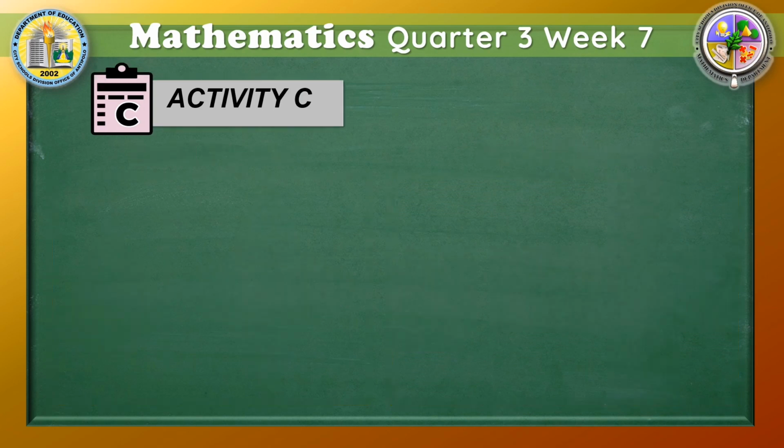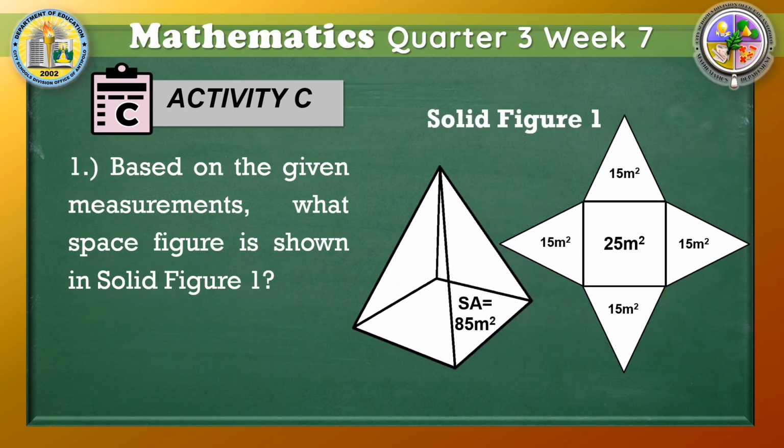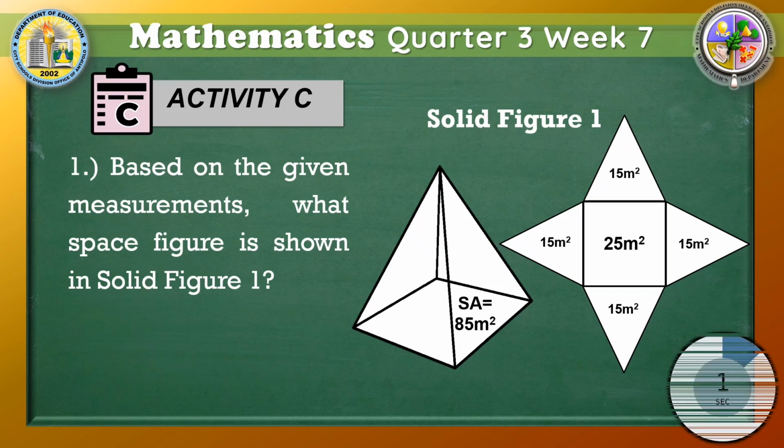Same as before, I will answer the first item for you. Number 1. Based on the given measurements, what space figure is shown in solid figure 1? Let me show you again solid figure 1. This figure is a representation of a square-based pyramid.